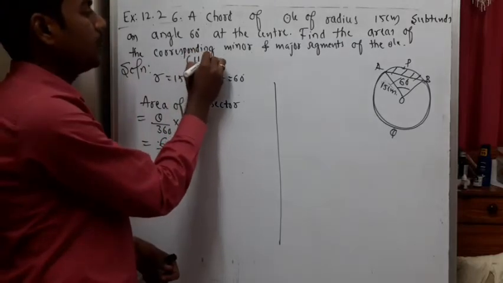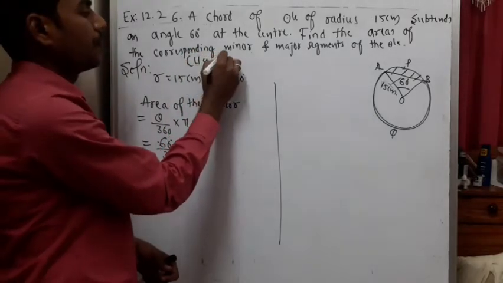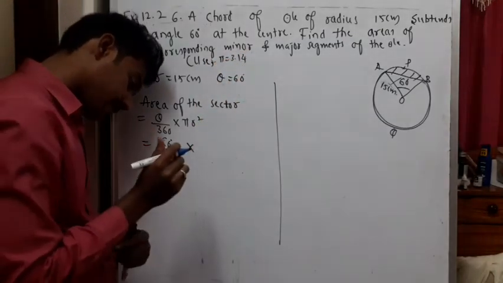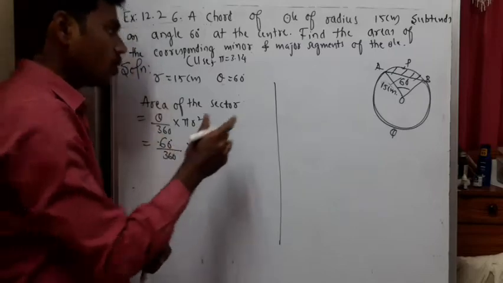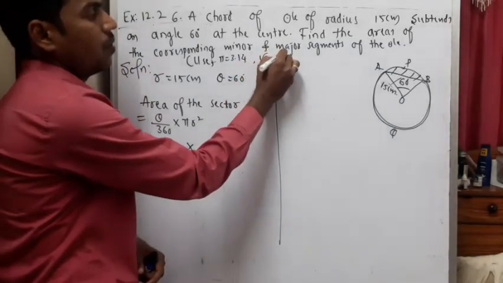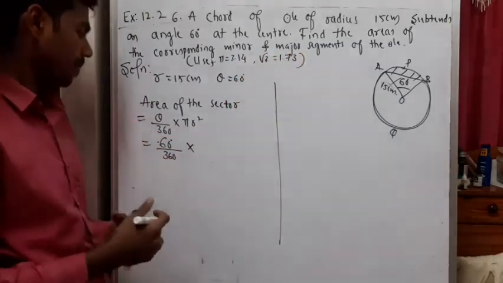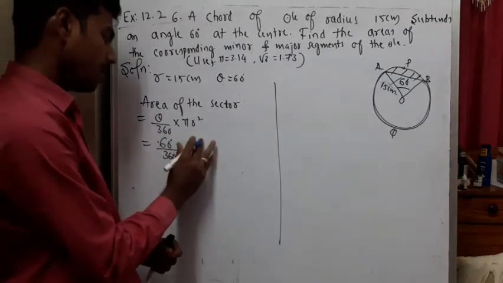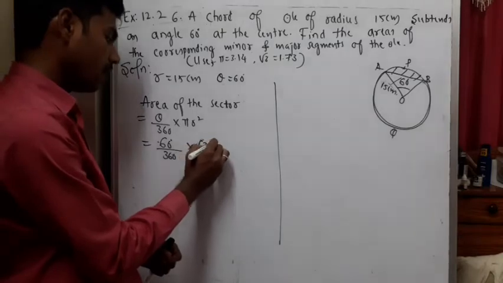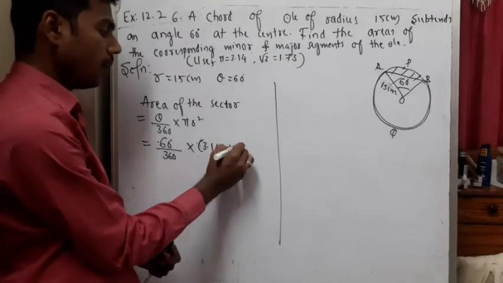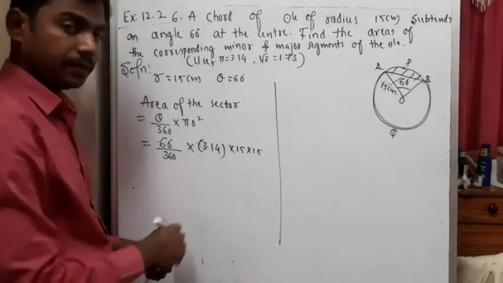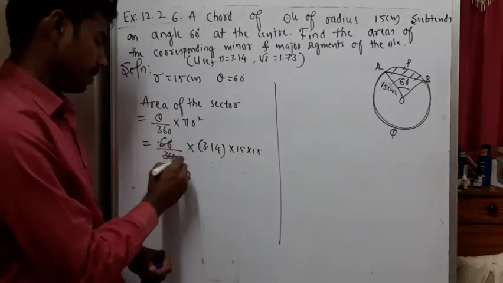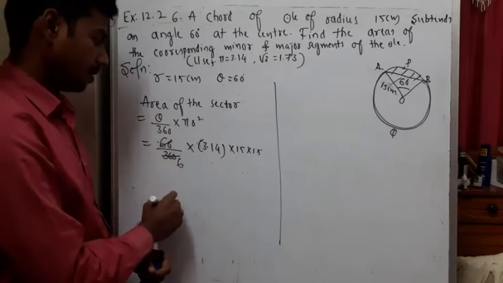Use pi is equal to 3.14, and even they have given root 3 is equal to 1.73. Okay. So now 60 divided by 360 into 3.14 into what is R? 15 into 15. 60 ones are 60, 6 are. Next.